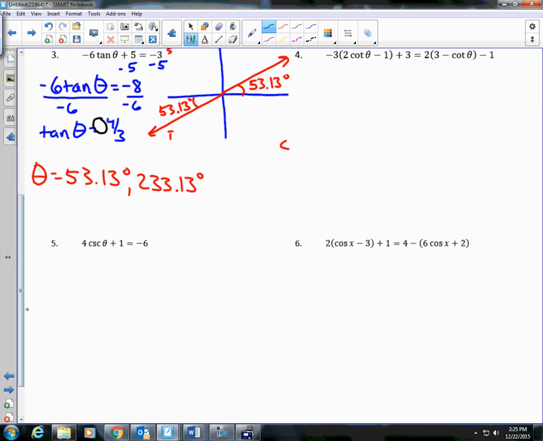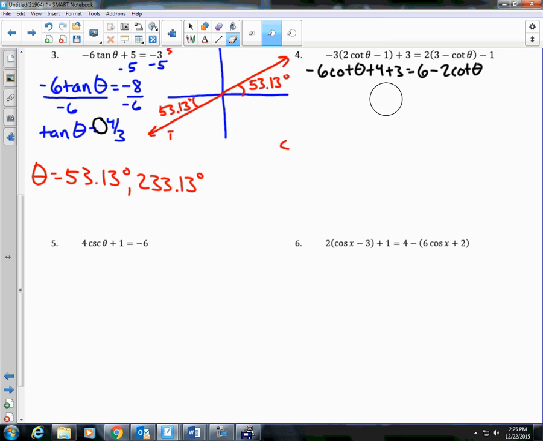Three more examples. Oh, 4 looks so confusing, doesn't it? Really not that bad. What do we do first? Distribute: -6 cotangent of theta plus 4 plus 3 equals 6 minus 2 cotangent of theta. Plus 3 plus 3.